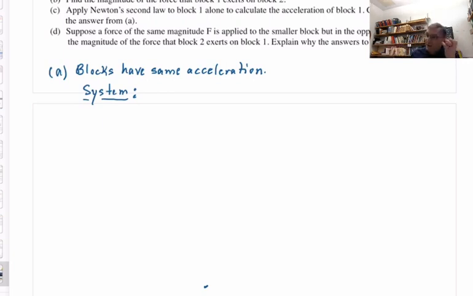But you've got to figure out what you are going to pick for the system, state it overtly, so that everybody knows what you're doing, and then apply Newton's second law to that system. Since I want the acceleration of the 2 blocks together, it turns out that what I want to pick for the system is both blocks. I'm thinking of both blocks as one combined blob.